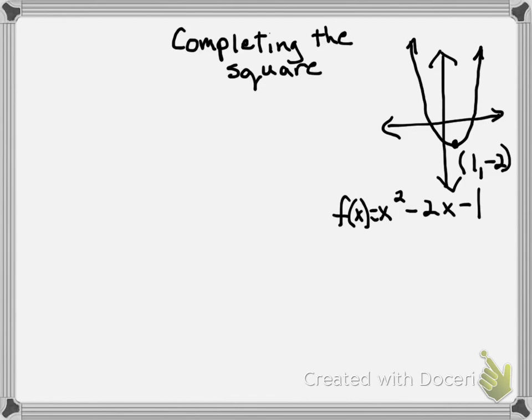And this process of completing the square takes this quadratic function that you have there, puts it through a number of steps, and your end result is vertex form. And so you can actually see the 1, -2 in the vertex form from this quadratic function.